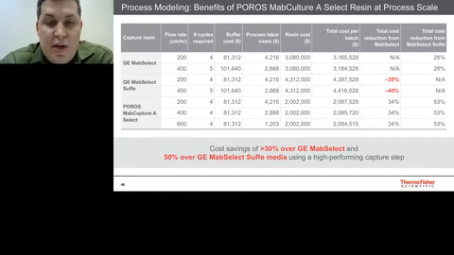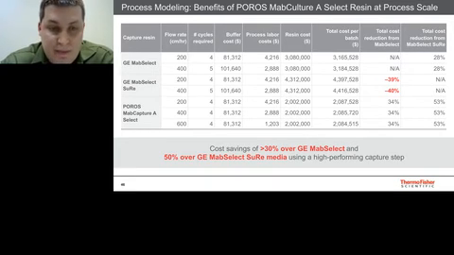One thing you notice immediately is that the majority of the cost per batch is the resin cost. The process labor cost and buffer cost is significantly lower. There would be a cost savings of approximately 30% over GE MabSelect media and 50% over GE's MabSelect SuRe using a POROS MabCapture A Select.